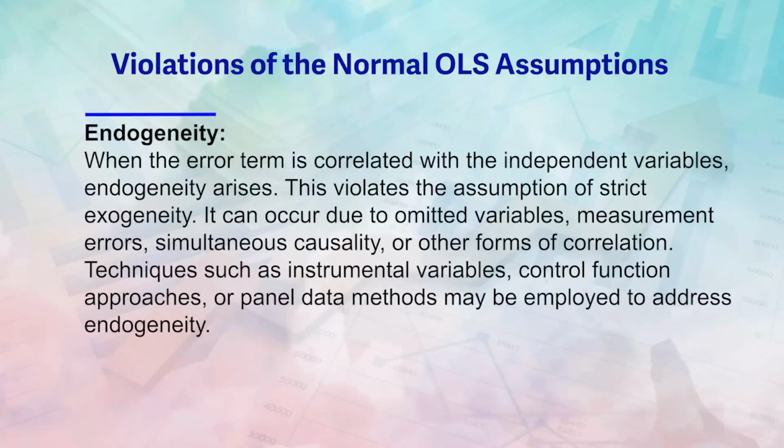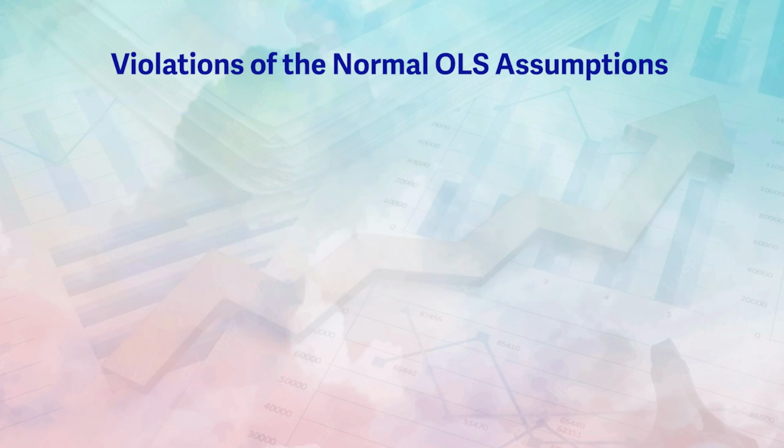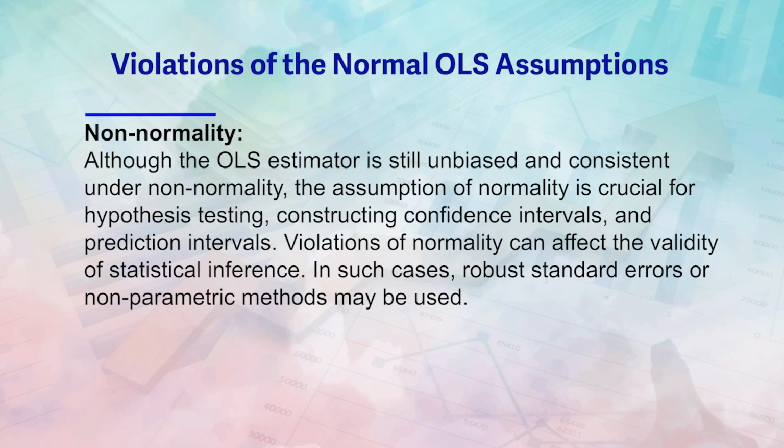Another violation is endogeneity, which occurs whenever we are dealing with panel data or any such kind of measurement error comes in, where the independent variable and the error term are strongly correlated. Non-normality is also one of the most important violations of the assumption.